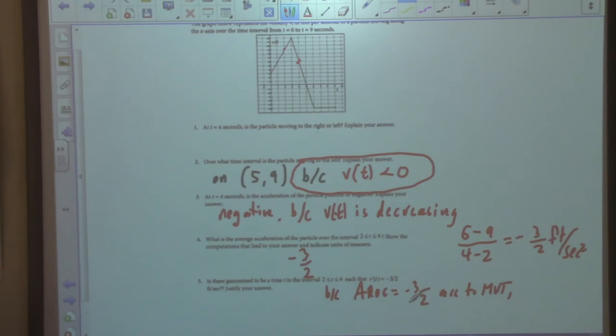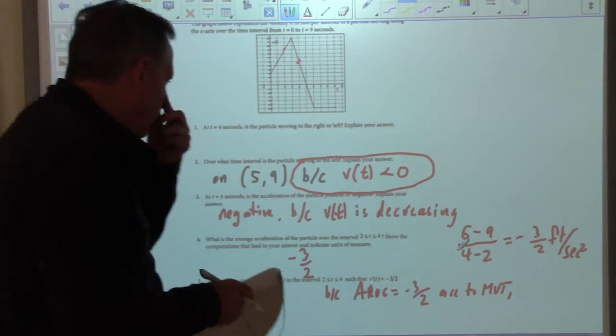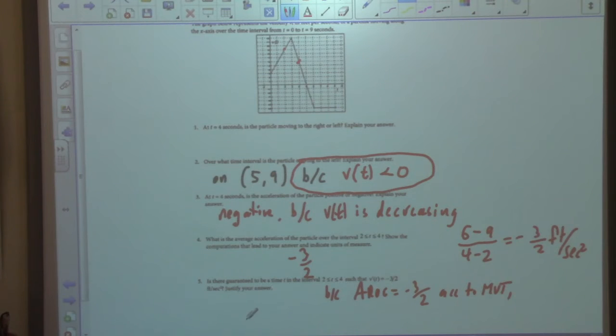That v prime of t, it's hard to see. See that? That's v prime of t. There must be a time when v prime of t equals negative 3 over 2 feet per second squared. Where?